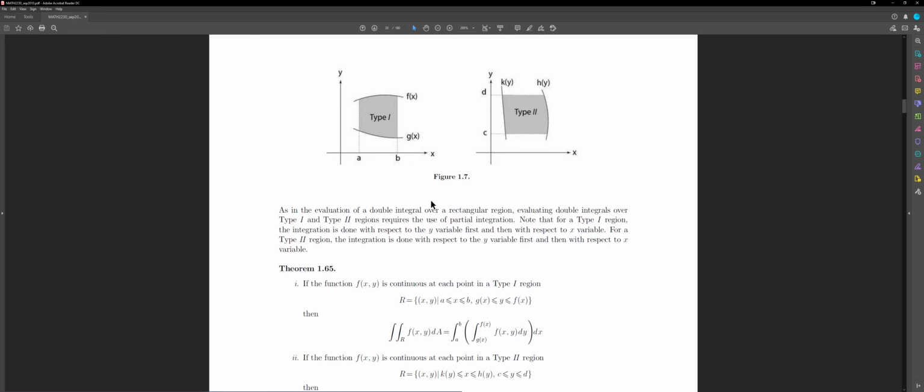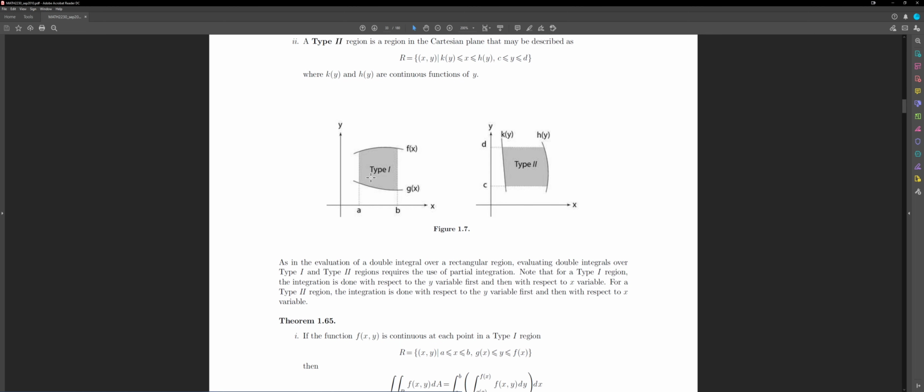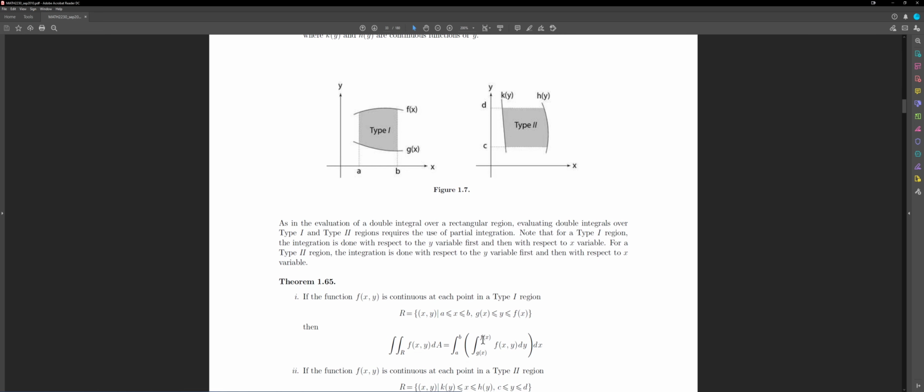Remember, your y values go from here to here. The limits of integration are going to change according to what x is, so these are no longer constant values for y. They are functions of x.